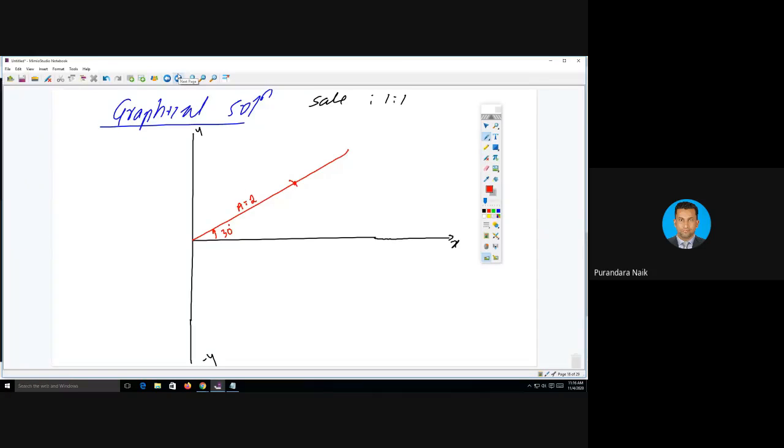Minus 60, you need to measure the angle 60 degree in the negative direction, clockwise direction. The unit is 1 unit. I'll cut the length to 1 unit. So here, A1 is 1.